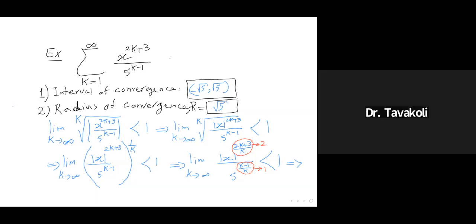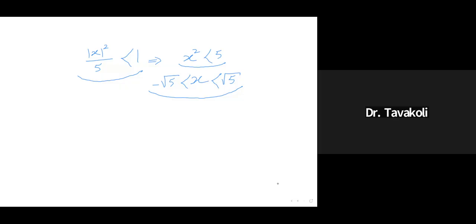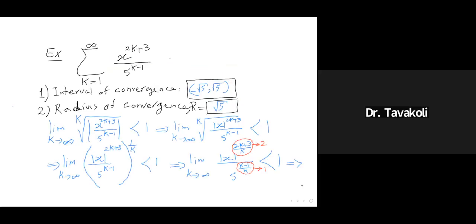So the radius of convergence is radical 5. The part of the work that we had for this problem is here, and the other part is on the next slides. With this work, we concluded that the interval of convergence is as we see here, and the radius of convergence is radical 5.